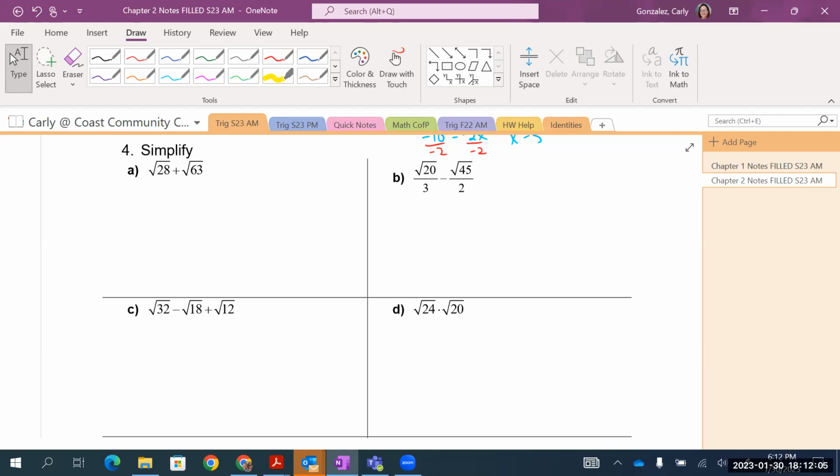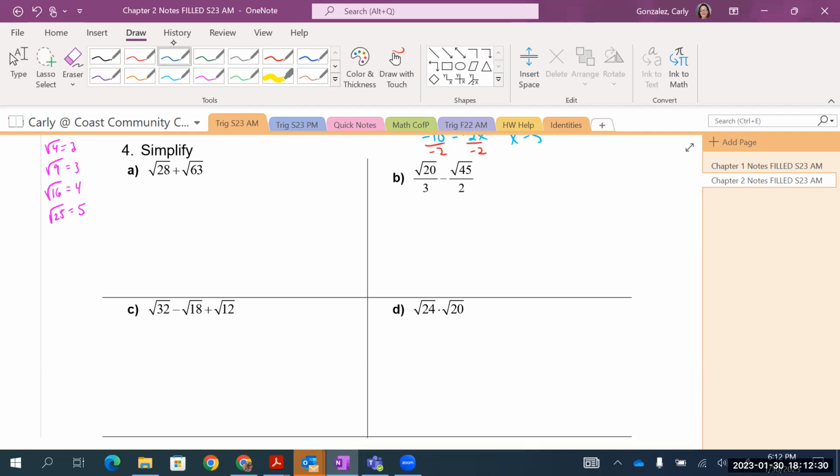So let's go ahead. Remember, we like to think of all of our perfect squares. So square root of 4 is 2. Square root of 9 is 3. Square root of 16 is 4. And square root of 25 is 5.